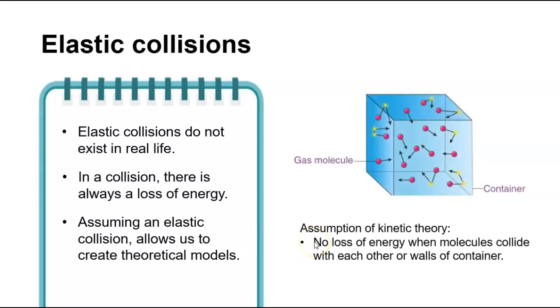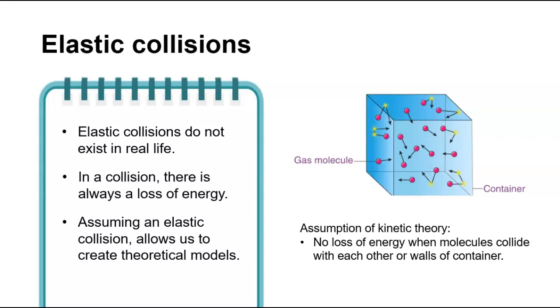So what does it mean if something's elastic? It means that the kinetic energy has to be conserved. For example, in chemistry, we have a container of gas, and inside the container we have all these gas molecules that are bouncing off one another and off the sides of the container. Every time they bounce or hit each other or hit the container, in real life there is a loss of kinetic energy.